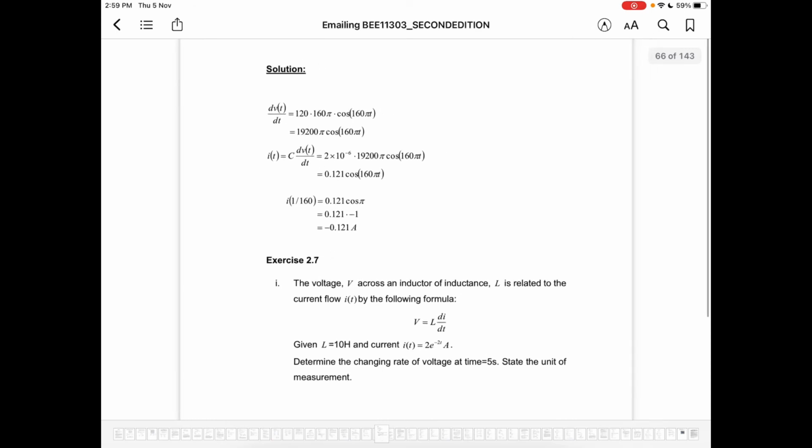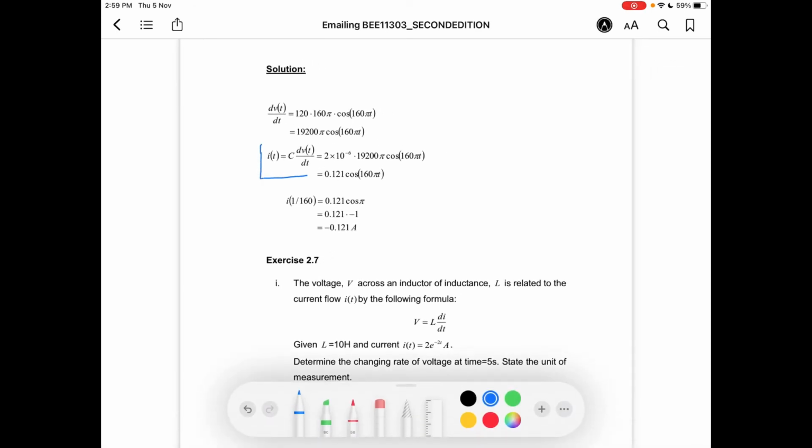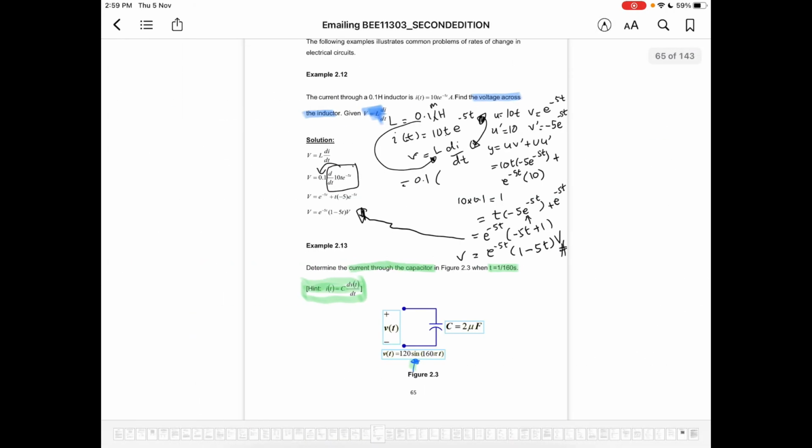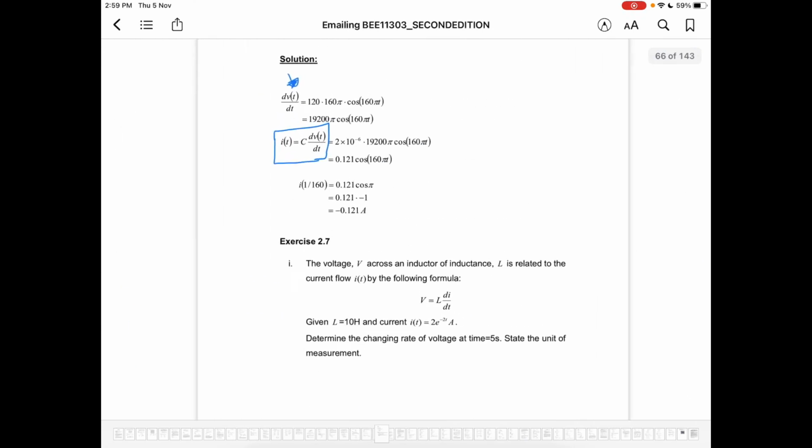So we have this formula, I equals C dv over dt. First thing first, you solve the dv over dt part. I'm not going to teach you about this. So the question is 120 sine 160 pi t.